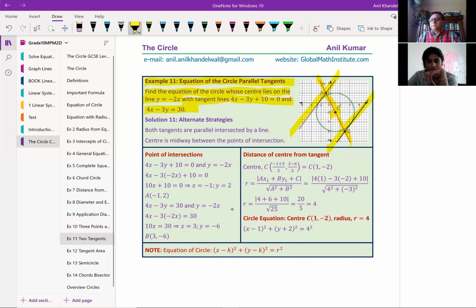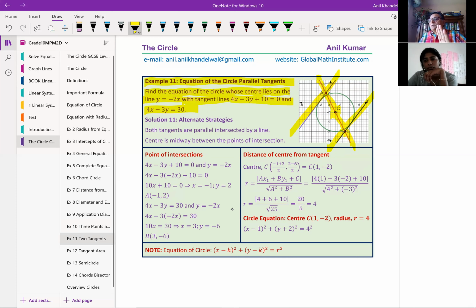Now that is very typical, right? How do you figure this out? Remember, since this line is the one on which the center of the circle lies, necessarily the points of intersection of the line and the tangent lines will not be part of the circle. Sometimes students make the mistake of finding the point of intersection and using that as the diagonal points.